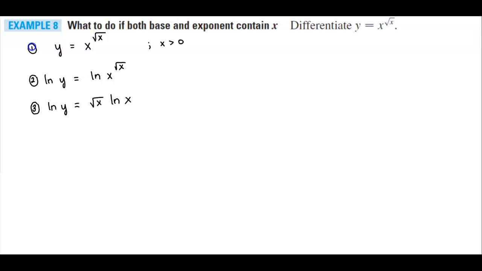Okay, now we can take the derivative of both sides. So if we take the derivative with respect to x of the natural log of y, and then we are going to take the derivative with respect to x of the product, the square root of x, times the natural log of x.